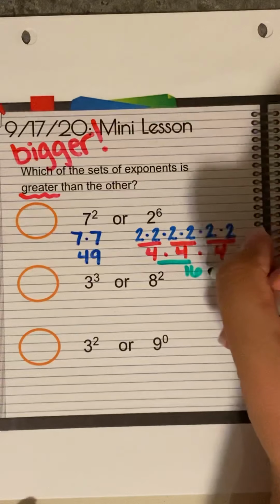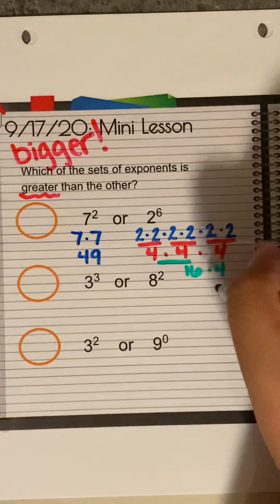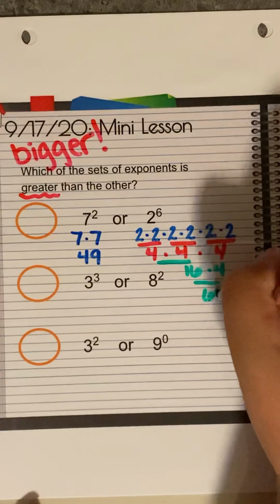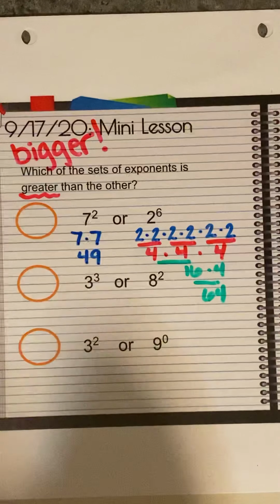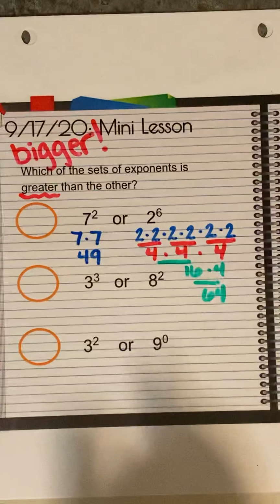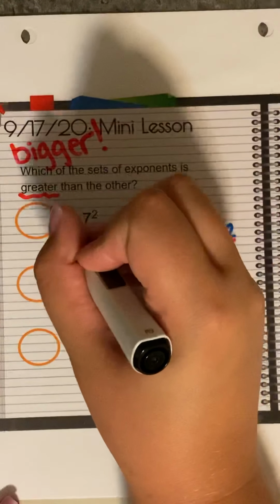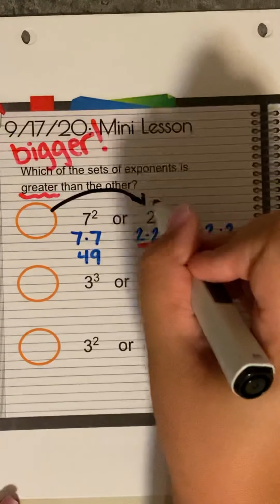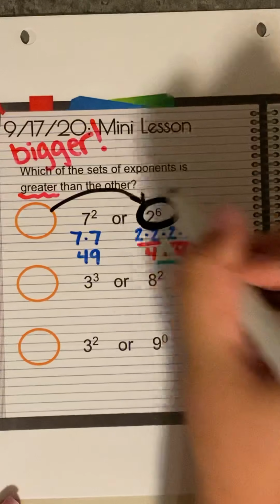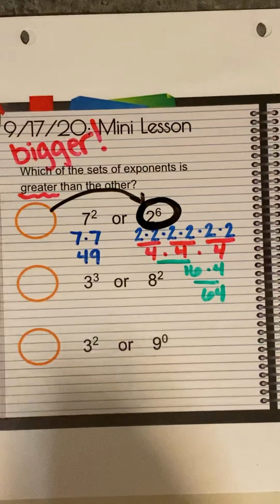And then 16 times that 4 that we didn't use yet is going to give us 64. So which is bigger? 7 squared or 2 to the 6th power? Well, 2 to the 6th power is 64. So you're going to drag this circle and you're going to place it on or over 2 to the 6th power.